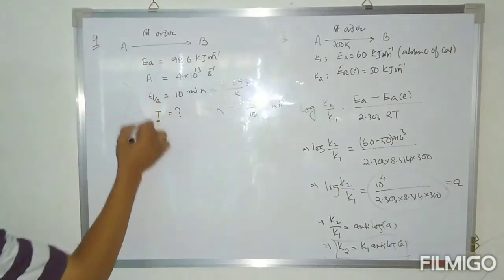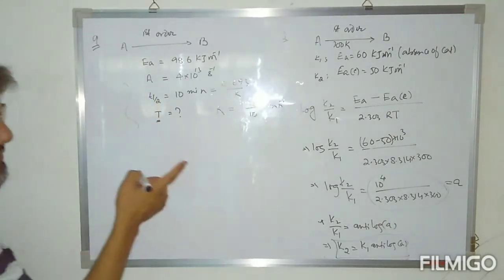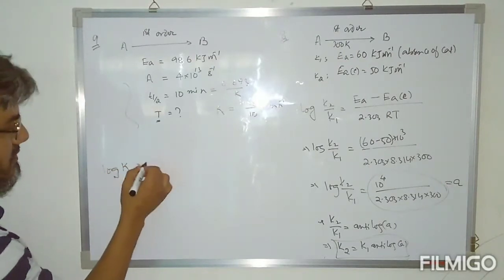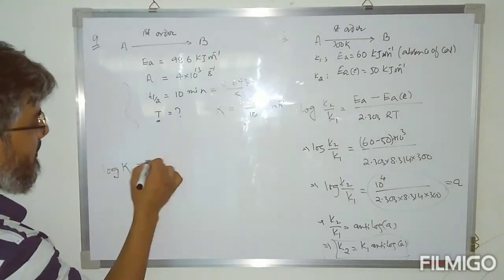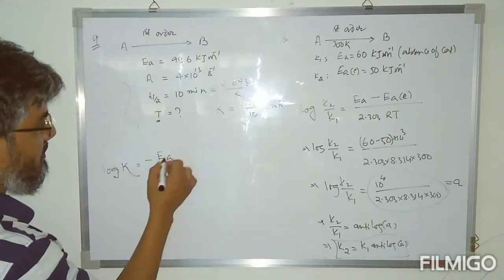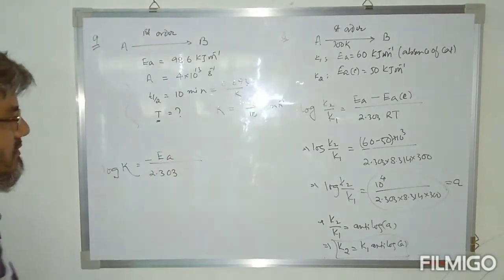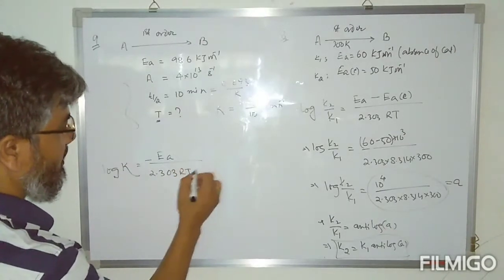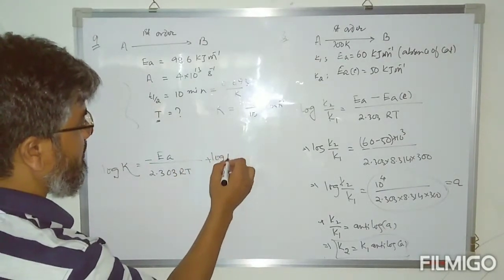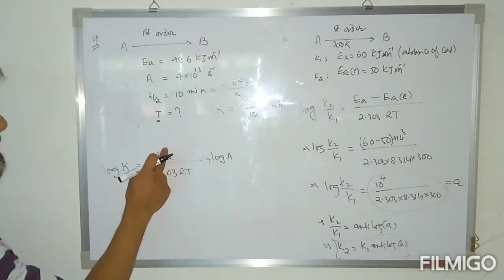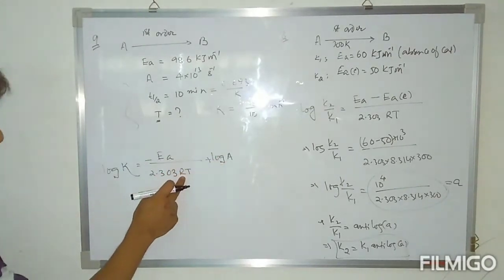Now taking the help of the Arrhenius equation, logarithmic form, we have log K is equal to minus Ea by 2.303 RT plus log A. So we have K value given, Ea given, R given, constant A given.